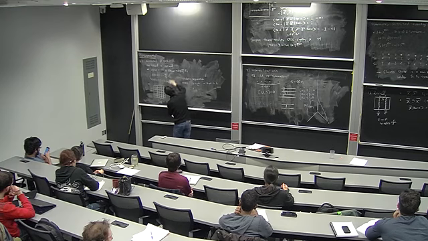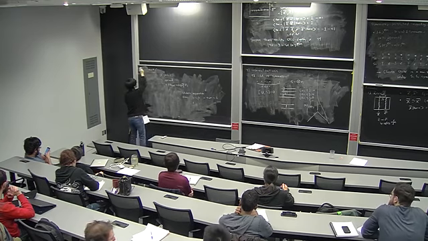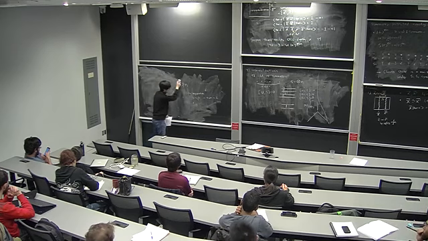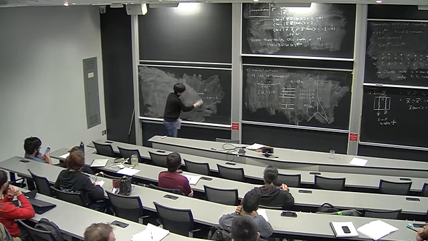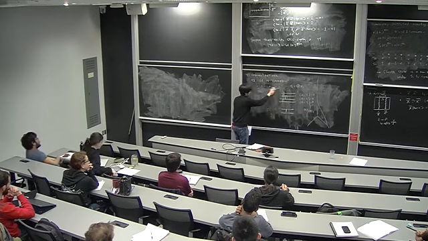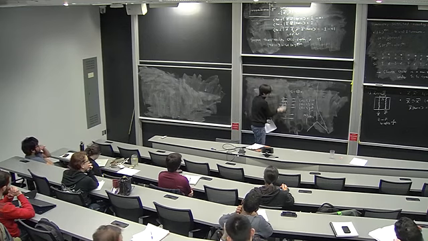While I'm erasing the blackboard, let me talk about the motivation. If you have the toric code, how do you do quantum computation? There are many protocols to do that, but one difficulty is the logical operators you have.